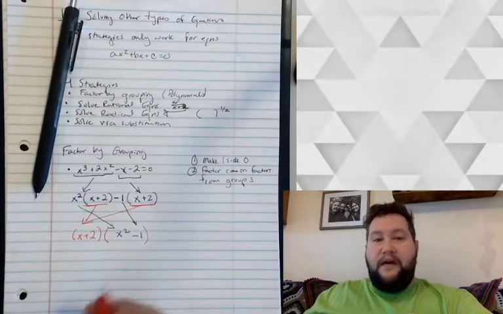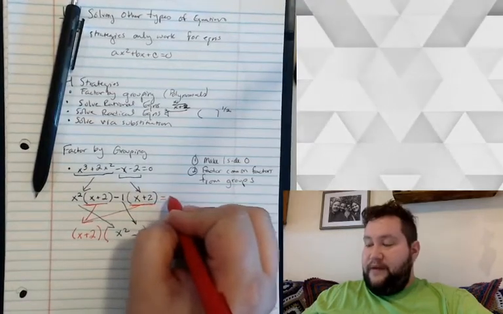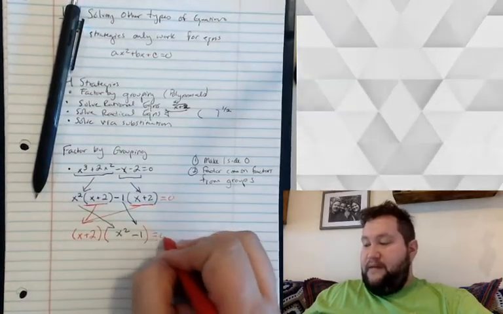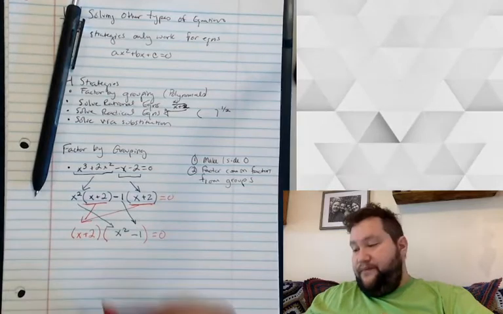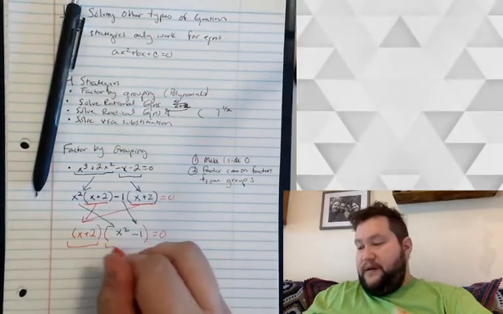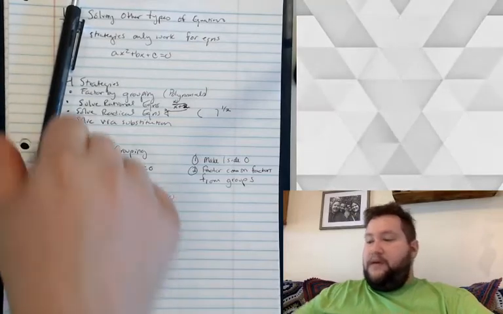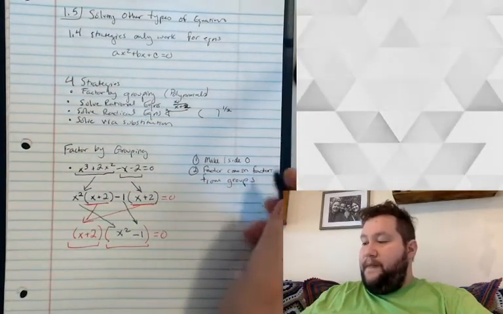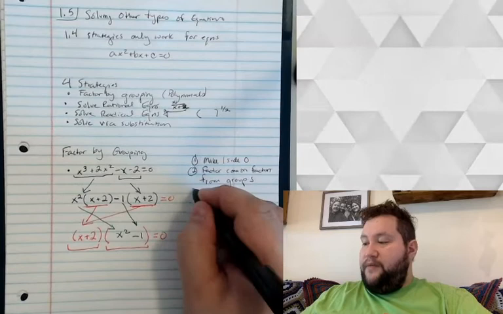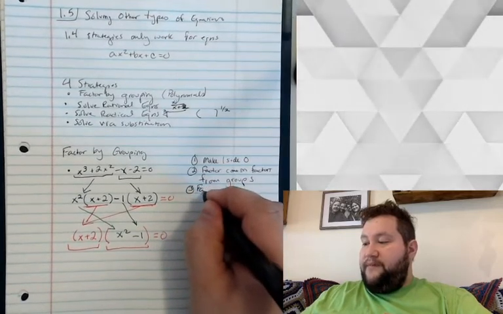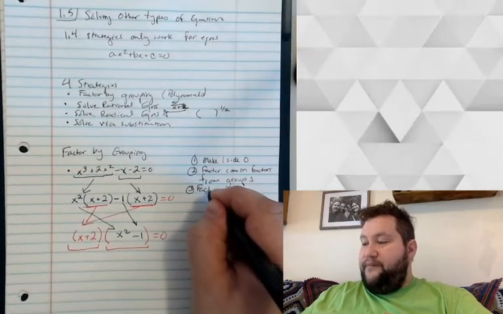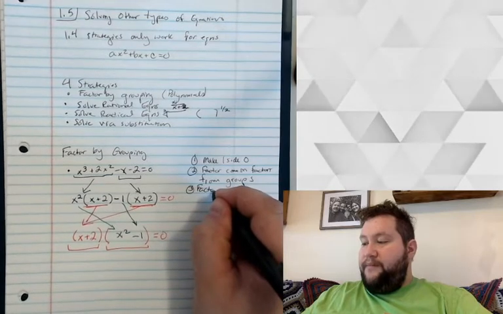And so now we have a term times another term equal to 0. So we factor common factors from groups, and then factor out something common to both.